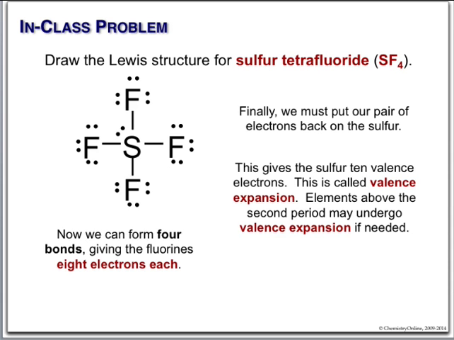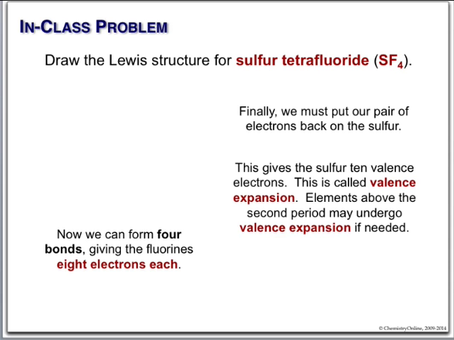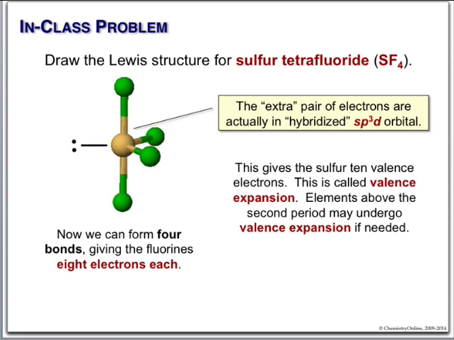But anything in the 3rd period and below can form multiple bonds, actually up to 14 electrons around the central atom. Again, this is what it looks like. Here's the pair that we put back. And here's our 4 covalent bonds and 1 unshared pair of electrons. So all the ones that are going to be in storage are going to be around the central one. Right, only around the central.